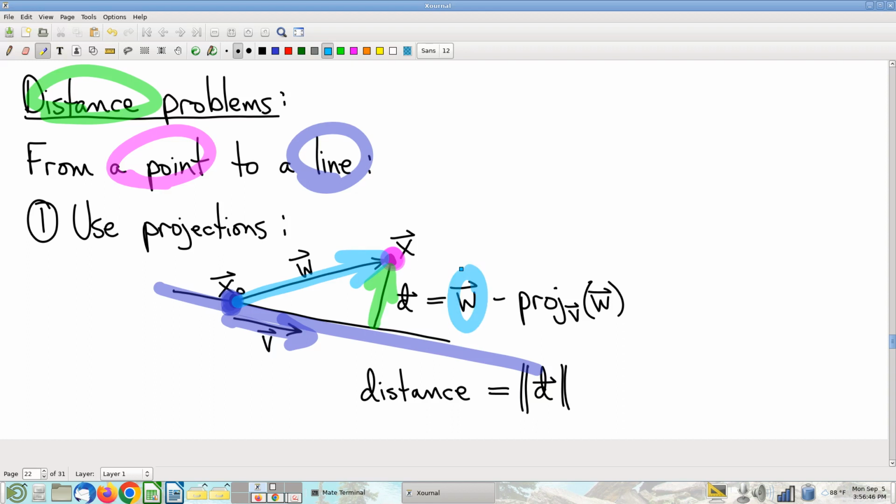That's just the difference, x minus x naught. And this vector, which is the projection of that w in the v direction. And blue minus orange is that green vector that I want. That's a clever trick.